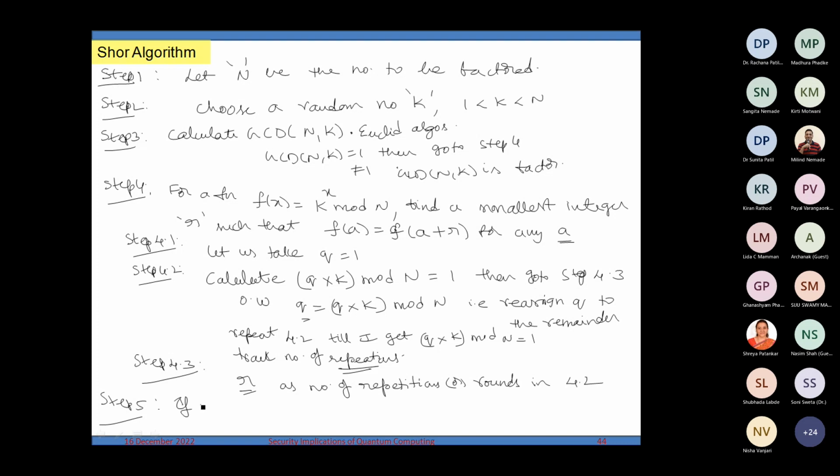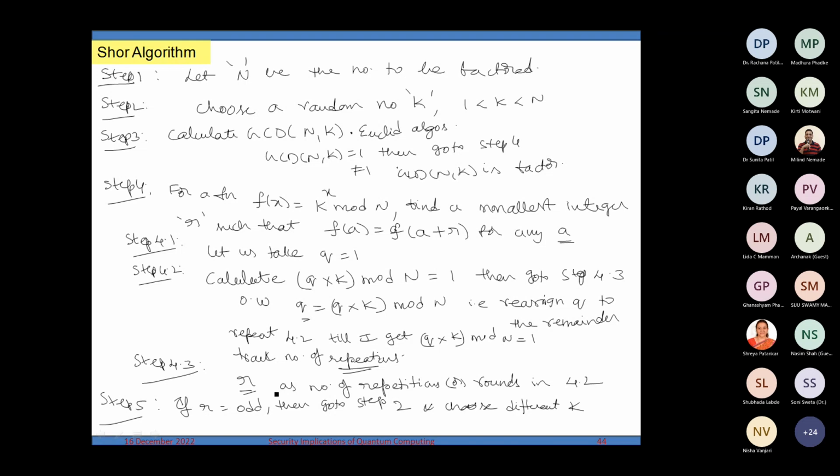What is step 5? If R is an odd number, then go to step 2 and choose a different k. I have to repeat the process.